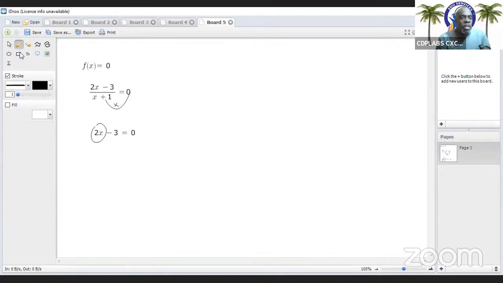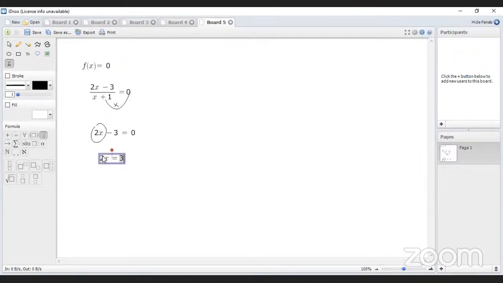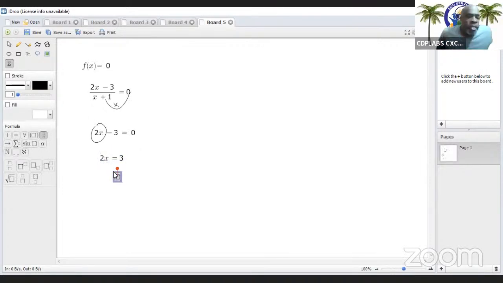So 2x must equal 3. So you see how easy it is to know what 2x is. Now, what number times 2 can give you 3?